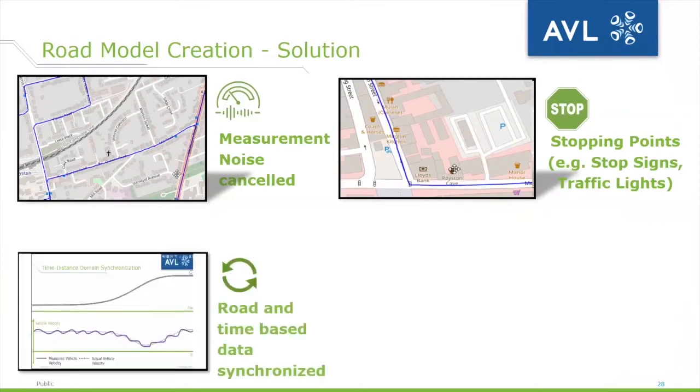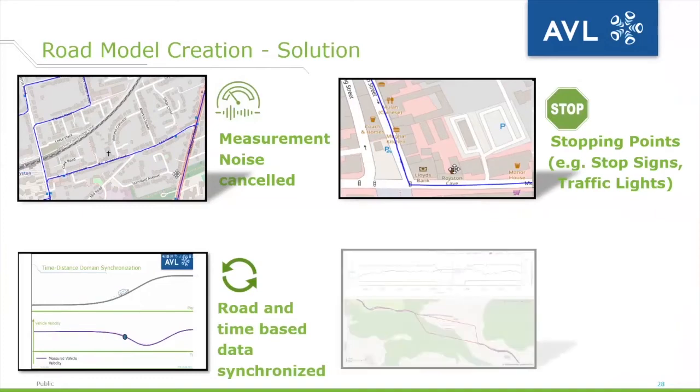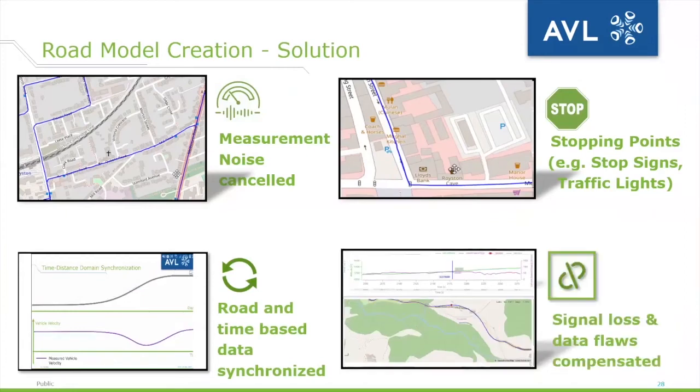Also, road and time data have been synchronized and corrected, and the signal loss and data flows are compensated. So in case of data loss here, we are able to estimate and retrieve the data.